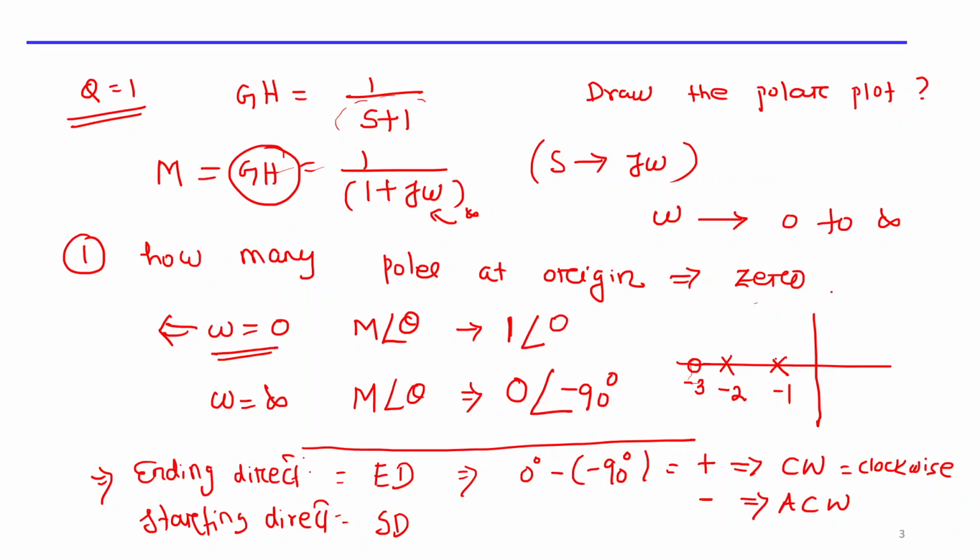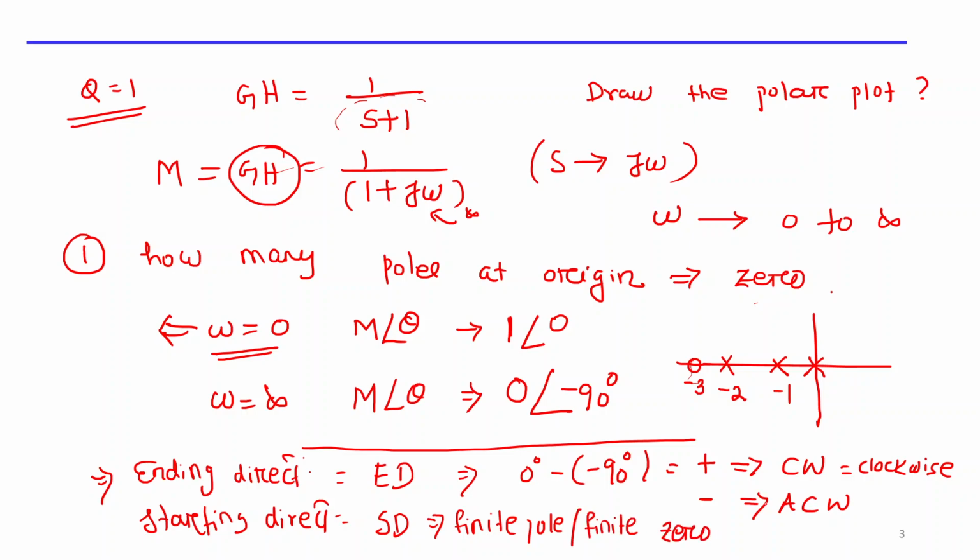These are called finite poles and finite zeros. Suppose one pole is located at origin, then this is not called a finite pole. So finite poles and finite zeros are the poles and zeros except at origin. So the starting direction is given by the finite poles or finite zeros.